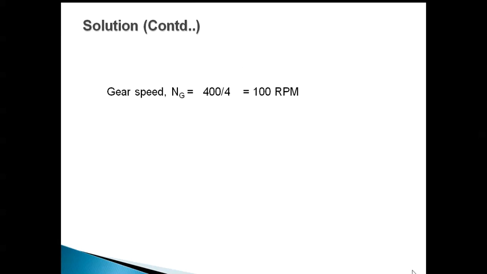Gear speed NG: by using the train value, NP by NG equal to 1 by 4, then NG equal to 400 by 4, that is 100 rpm.